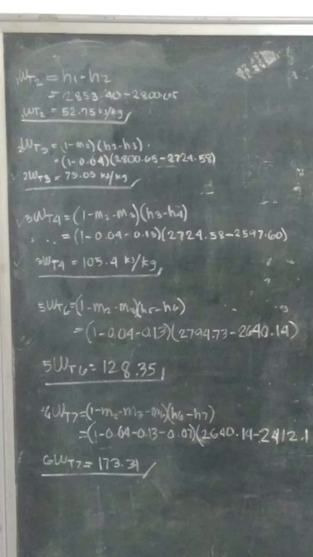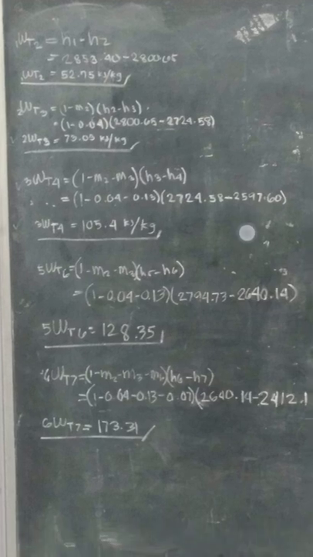The work turbine 4, 1 minus mass 2 minus mass 3 times the enthalpy 3 minus enthalpy 4. So substitute all the givens. So we have the work turbine 4, 105.4 kilojoules per kilogram.